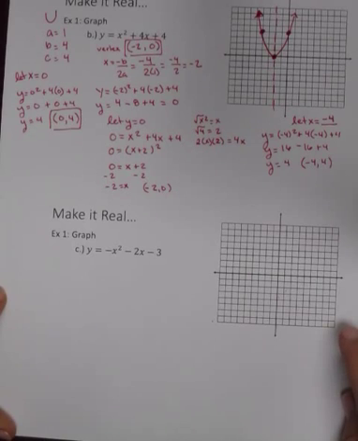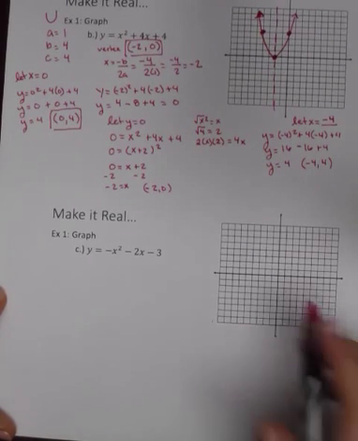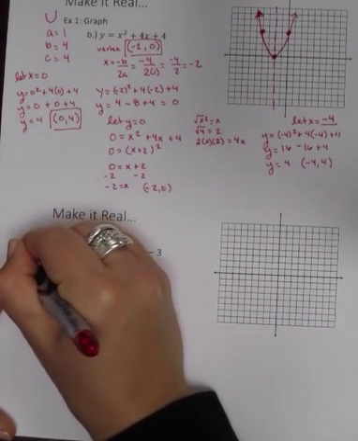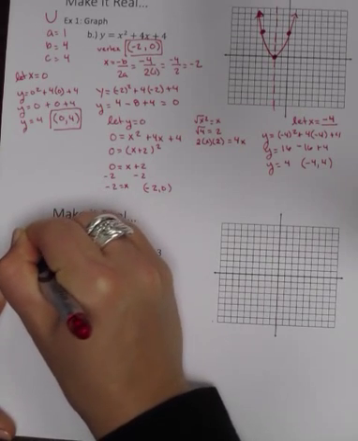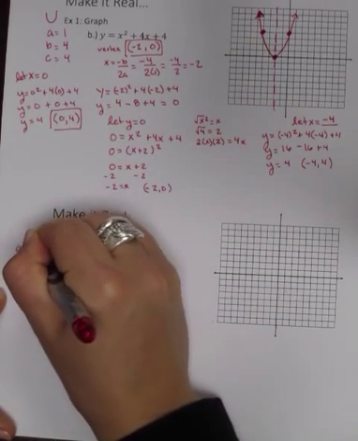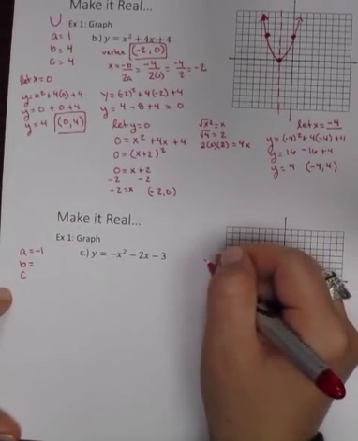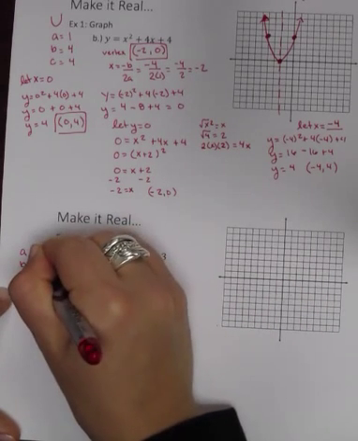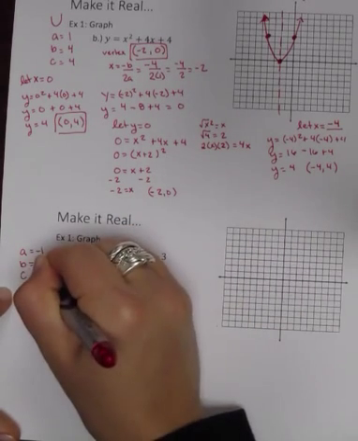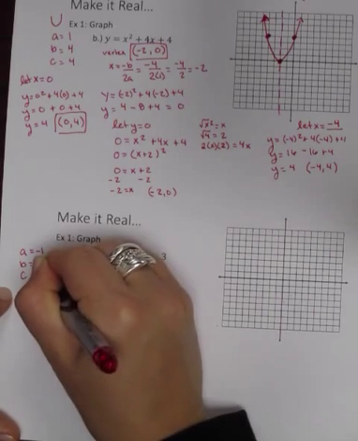We got y equals negative x squared minus 2x minus 3. First thing I do, find my ABCs. My A is going to be negative 1, my B is going to be negative 2, and my C is going to be negative 3.